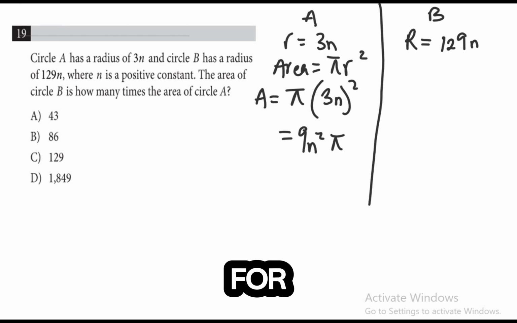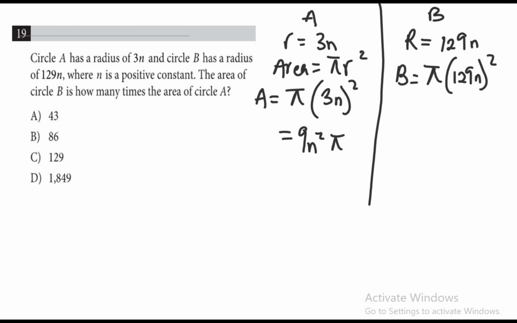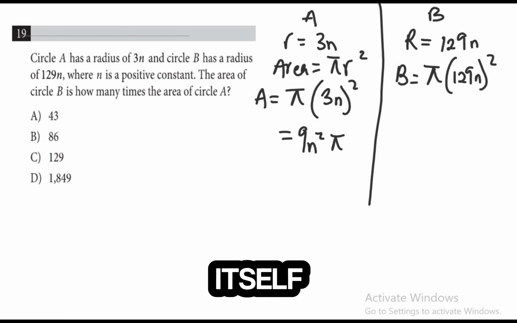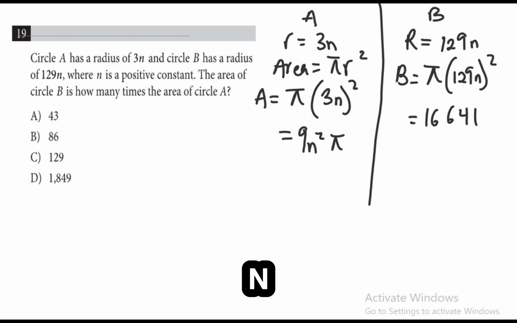We do likewise for circle B. So B is pi times R, which is 129n, all squared. By the time you multiply 129 by itself, you'll get 16,641 n squared pi. The question asks, how many times is circle B of circle A?